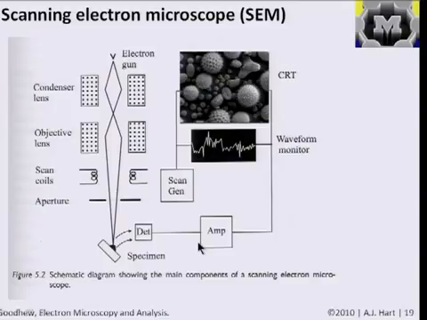So therefore, you can resolve smaller features. So as we saw on the history plot, electron microscopy has been around for decades, but it's been consistently getting better and better.